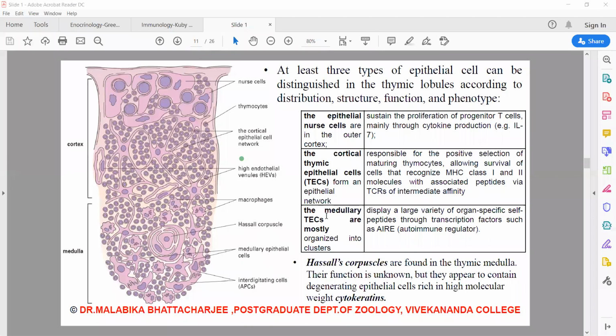Now, these medullary cells are capable of producing these transcription factors, as a result of which they can exhibit almost 90% of the self-antigens to the T lymphocytes. So they express the antigens of all varieties of tissues available in our body to the T lymphocytes.